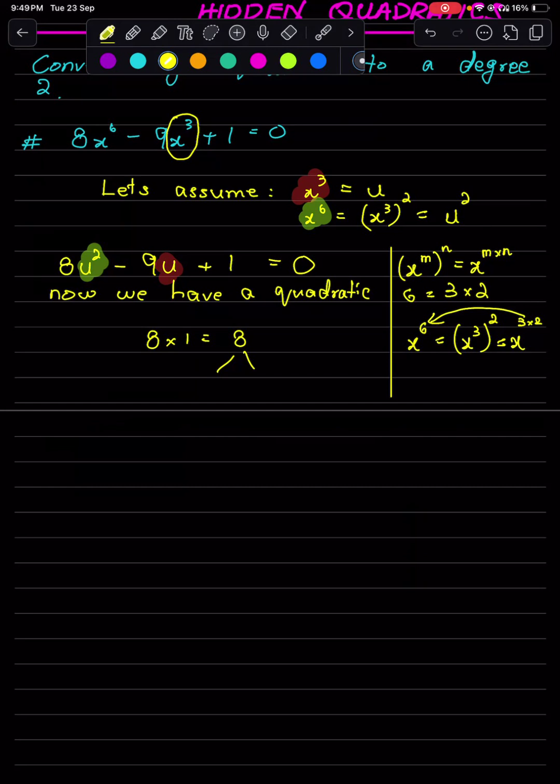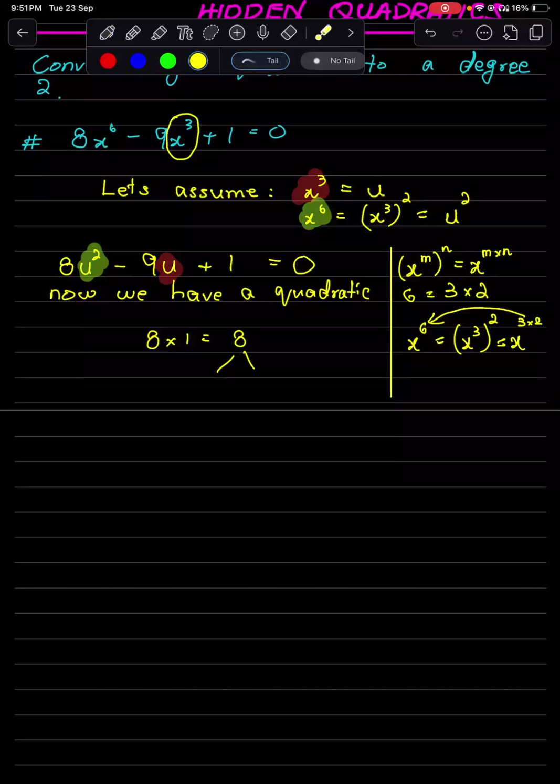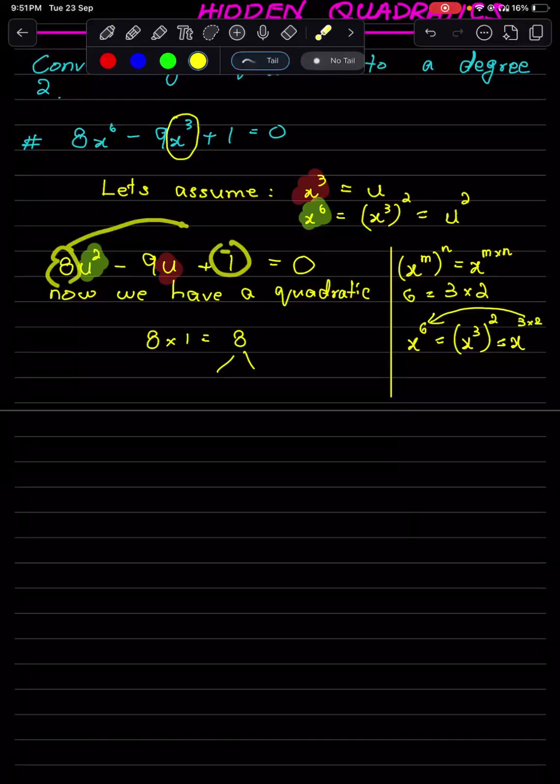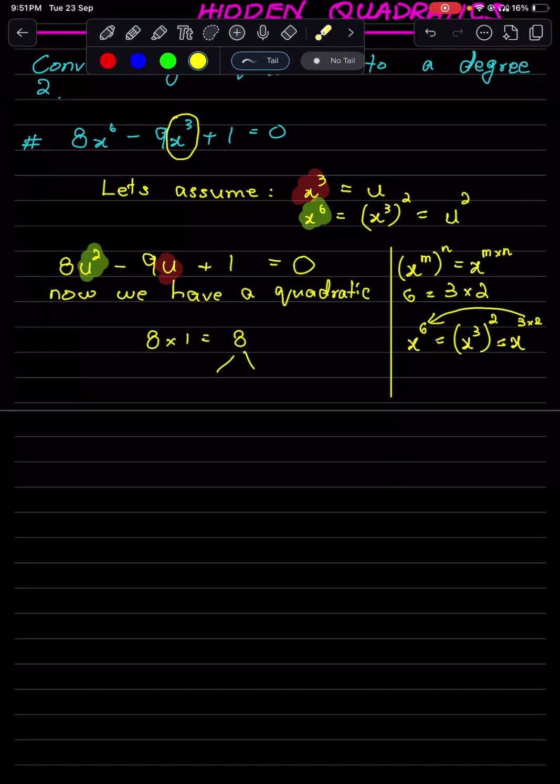You see here, this is 8 and this is 1. A and C are multiplied, so 8 into 1 is 8. The factors of 8 that are going to give you negative 9. Any possibility?